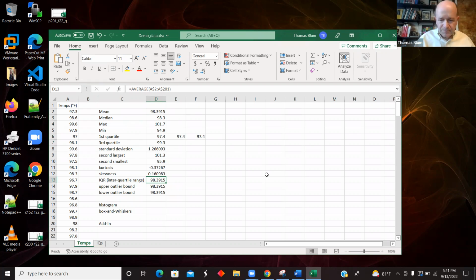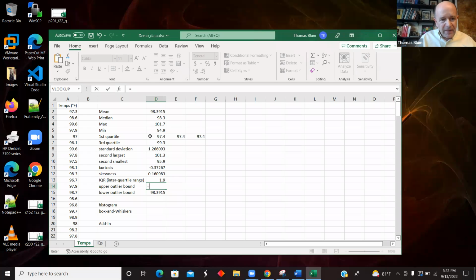This is not that kind of formula at all, but I'm going to take the third quartile and subtract the first quartile. And so in a range of 1.9 degrees around the median, we will find half of all of these temperatures. Then we use that to define outliers.